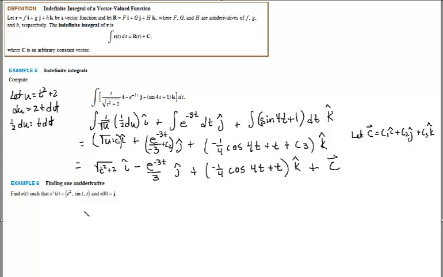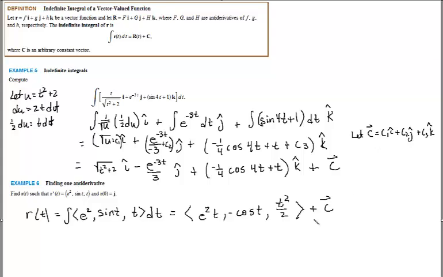Alright, we're going to find the antiderivative here, so I would like to know r of t, and that would be the integral of, and I'll just take the integral of each one of these, so I'll just write that down. Okay, writing that down. This e squared is just a constant, don't let that fool ya, and I think after that that's pretty much okay.